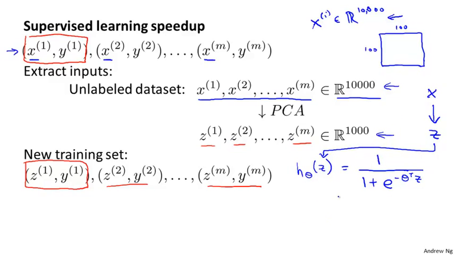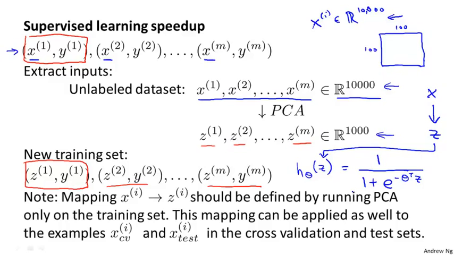One final note: what PCA does is it defines a mapping from x to z, and this mapping should be defined by running PCA only on the training set. This mapping that PCA is learning computes a set of parameters: it does the feature scaling and mean normalization, and it also computes this matrix U reduce.